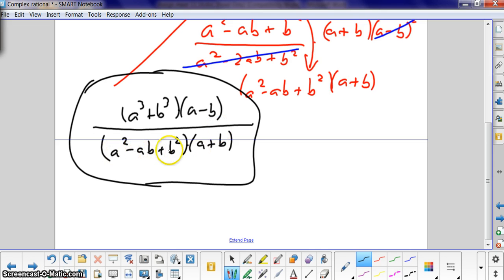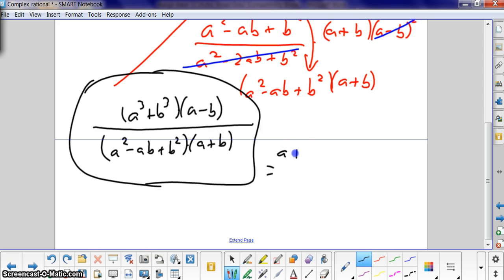But notice this factor on the bottom. There's no 2 in front of the ab, so this can't be factored out any further. It's prime. But this is a factor of a perfect cube, and when I look up here on the top, I see I have the sum of two cubes. So I'm wondering, if I factor the sum of two cubes, is it going to reduce with something below? And it does.